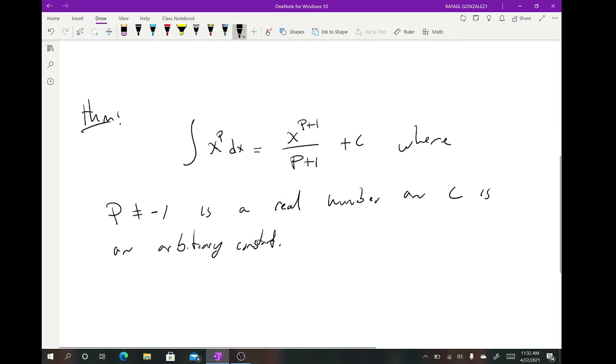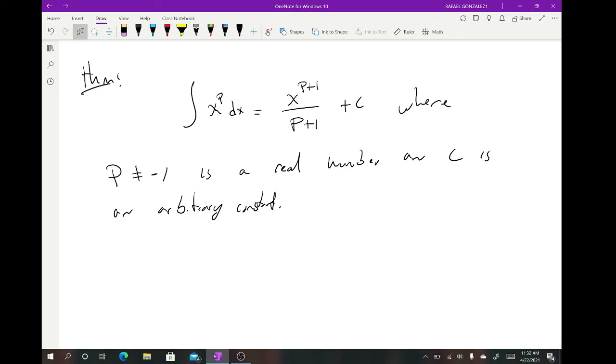I will not be proving this, but we will be using this theorem throughout. So let's do an example.